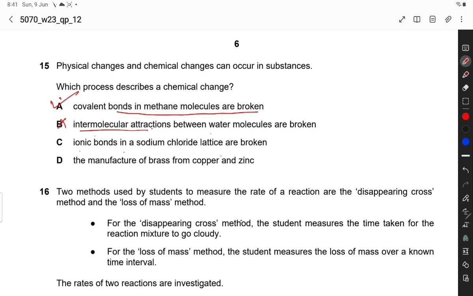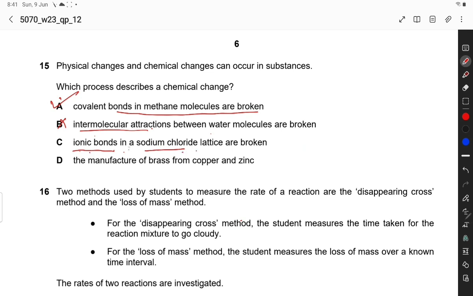Ionic bonds in a sodium chloride lattice are broken. It is also a physical change because it is not changed into another compound.